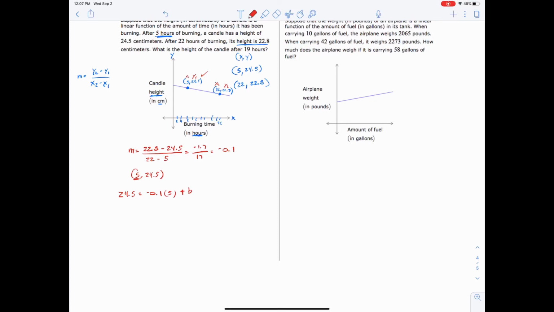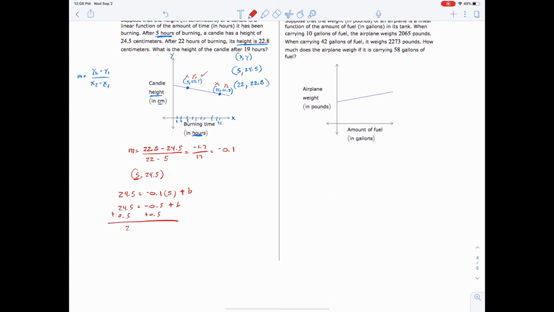So let's solve this, or should I say simplify it? Negative 0.1 times 5 is just negative 0.5 plus b. We're going to add 0.5 to both sides.